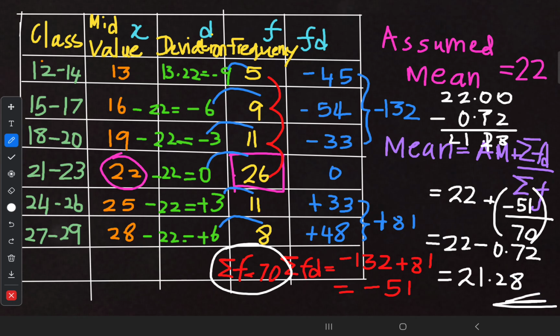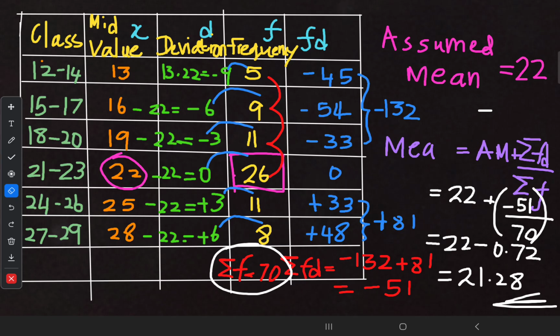I'll repeat once more how we found our mean. We used the highest frequency's relevant class interval mid value as the assumed mean. Then we found the deviation column and the FD column, and found the summation of sigma FD and sigma F separately. In the corresponding formula, when you substitute the relevant values, the assumed mean we substituted as 22, then sigma FD negative 51 upon sigma F 70.